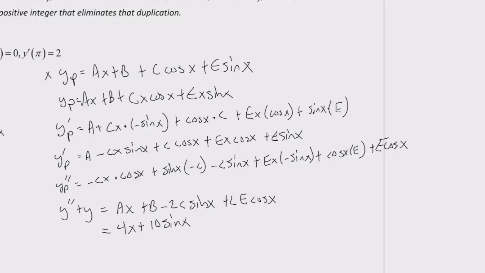All right, so what does that tell us? Well, a has to be 4, b has to be 0, negative 2c has to be 10, so that means c is negative 5, and 2e has to be 0, so e is 0.